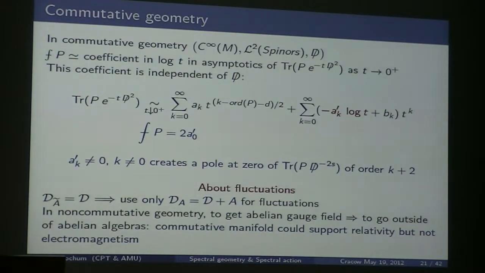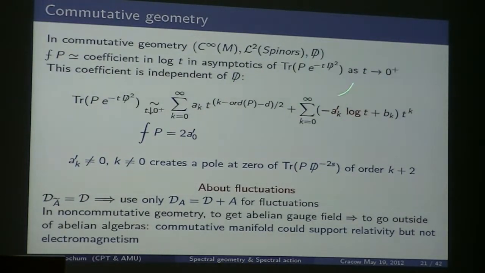It is the coefficient in log t of the asymptotic of the heat trace. You have the heat operator associated to D, you put P in front, and you look at what happens when t goes to 0. And this coefficient is independent of D slash, which is the previous remark.